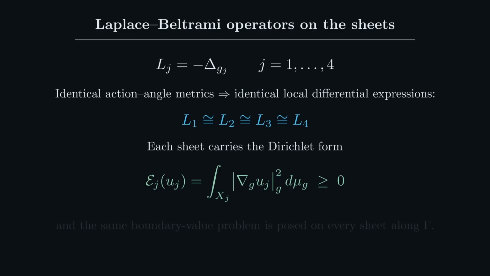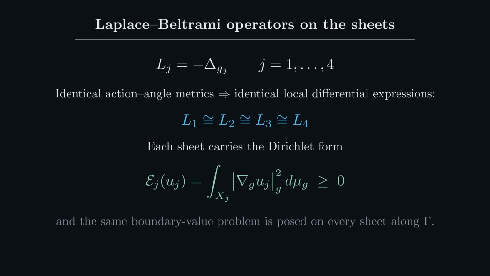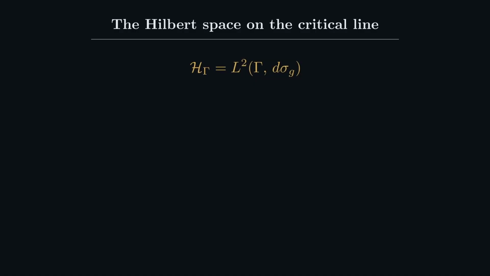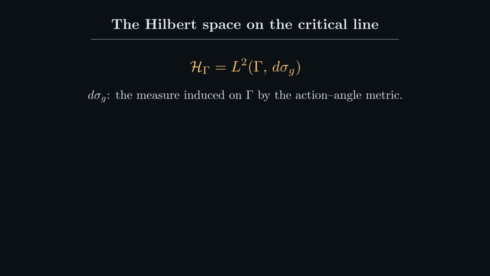So we basically put these Laplace-Beltrami operators on the sheets, and we eventually get a Dirichlet form. We have to define the Hilbert space. So we're going to define the Hilbert space of gamma to be L2 of gamma, and the measure d sigma is the measure induced on gamma by the action angle metrics.